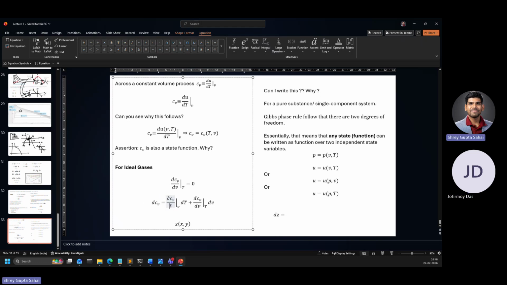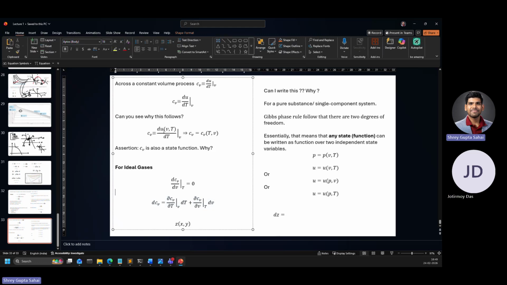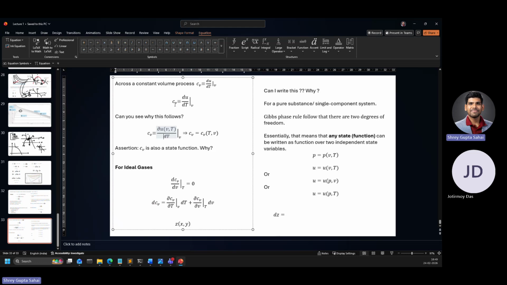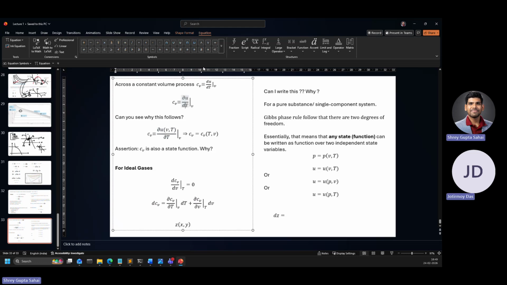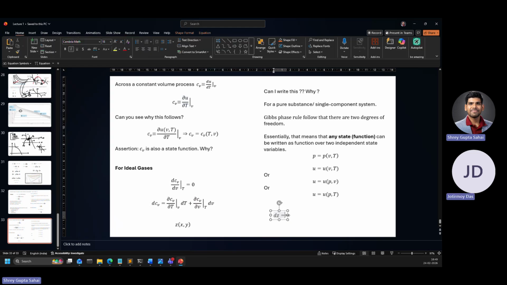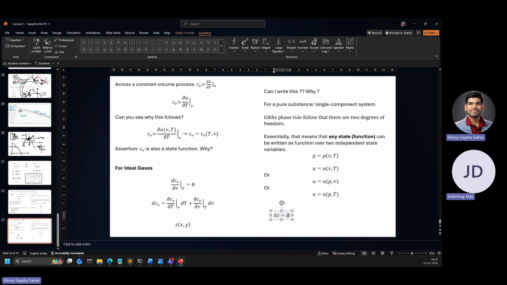We need to respect partial derivativeness. We will have to write partials. Even our definitions have to be accurate because total derivatives mean something different, so a little bit of maths is there when I'm writing all these things. But essentially you understand that loosely speaking, they are the same thing, right? So this is there.